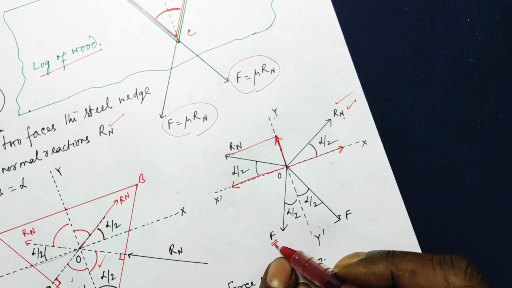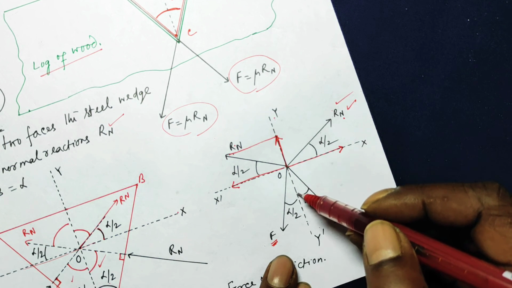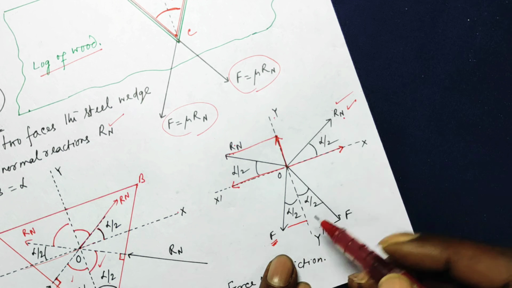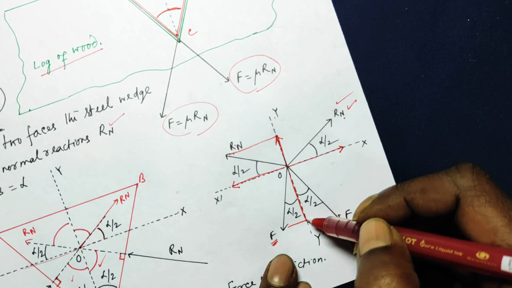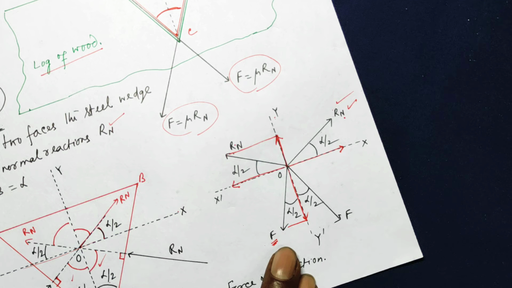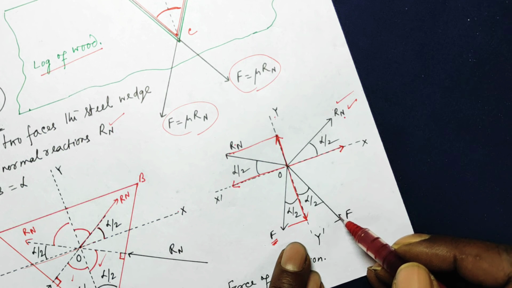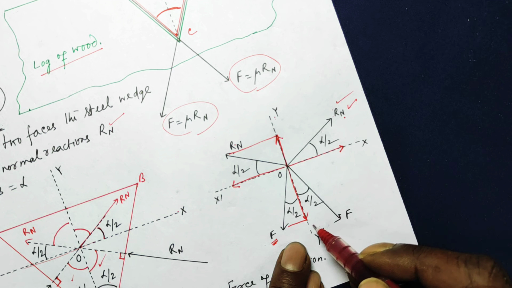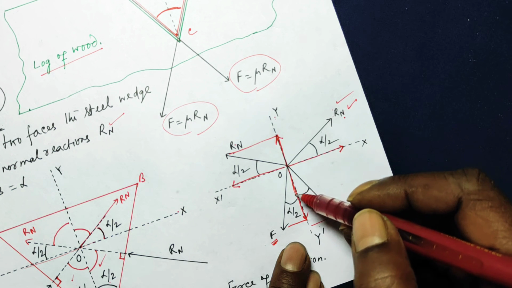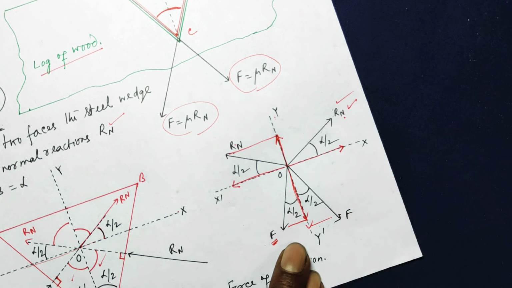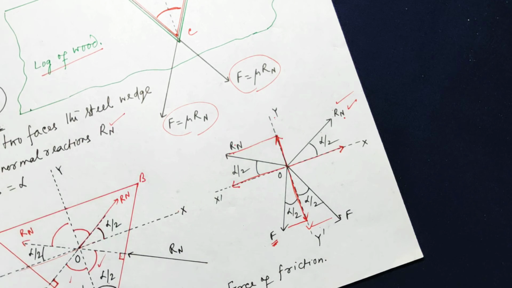So the component of this force of friction along negative y-axis will be F cos alpha by 2, and the component of this F will also be along negative y-axis, F times cos alpha by 2.